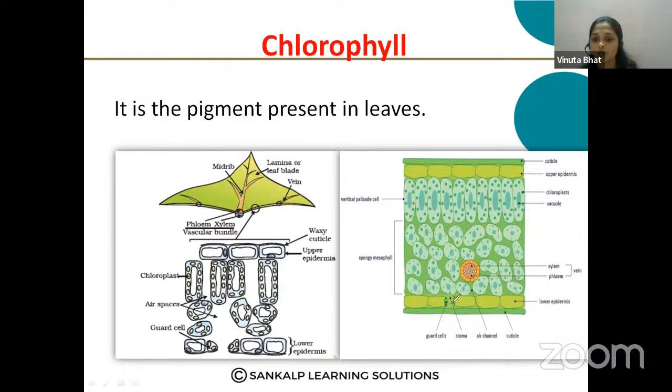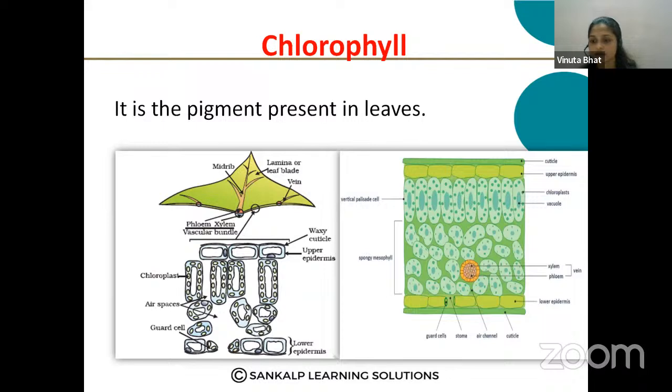And just observe here, in the lower epidermis you can observe some openings, that is nothing but a stomata. Okay, so my question is, you know that for the photosynthesis process the plants need carbon dioxide. Carbon dioxide is present in the atmosphere, but how does it enter inside the plant's body? Any answer?